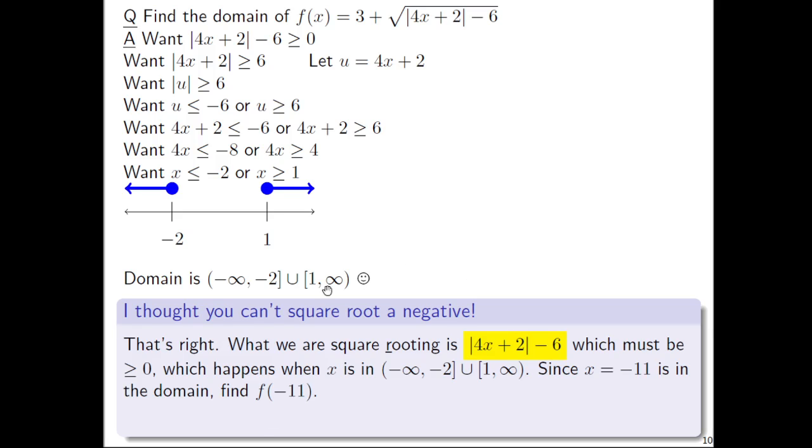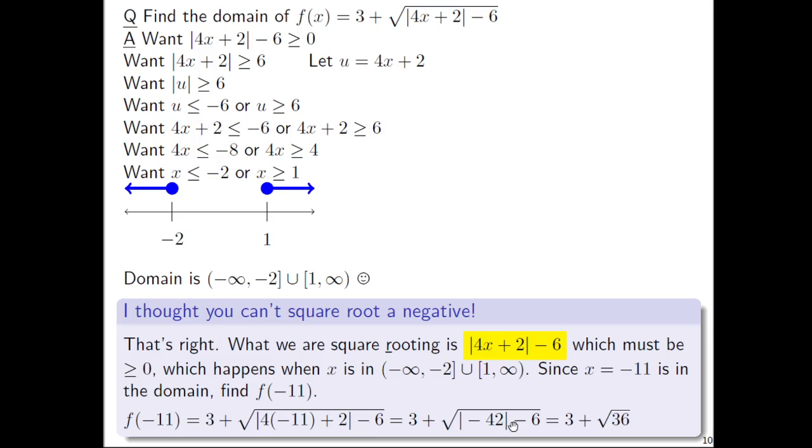Let's just look at the very top line, which has f of x, and plug in a negative 11 for every x. So you have f of negative 11 equals 3 plus root, in the absolute value 4 times negative 11 replacing the x, plus 2, close absolute value, minus 6. Inside the absolute value, it's negative 44 plus 2, which is negative 42, but we absolute value it, so we get a positive 42.